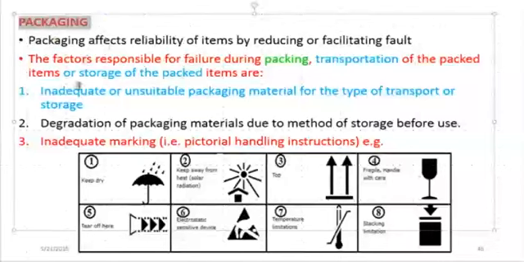The packaging affects the reliability of an item by either reducing it or facilitating the rate of failure. If you do good packaging, reliability increases, and if you don't do a good one, it reduces. The factors responsible for failure during packaging, during transportation of the packed item, or during the storage of the packed items, they are three.